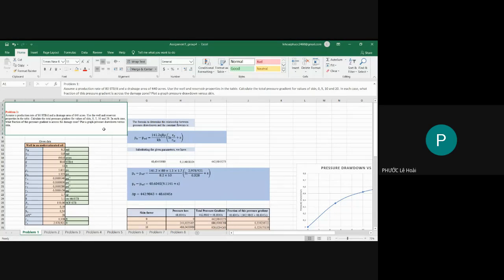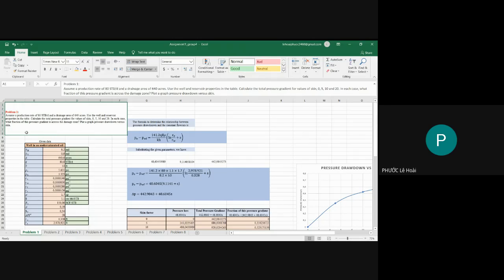Today I would like to tell you about the solution of assignment 1 from the major petroleum production technology. First, let's have a quick look at problem 1 here. We have a production rate of about 80 stock tank barrels per day, and the drainage area is 640 acres.